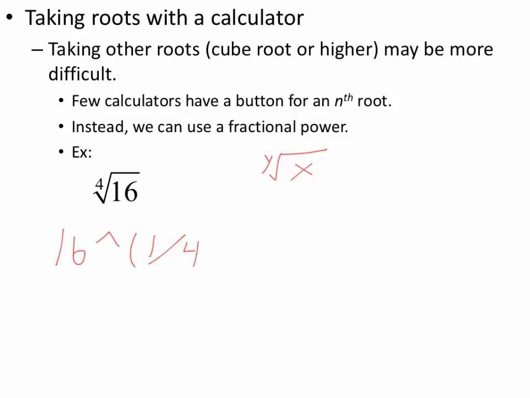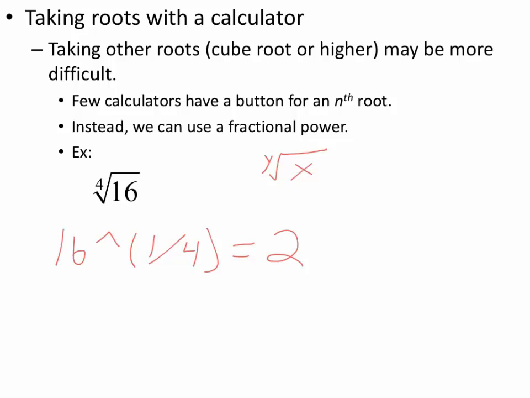So in this case it's going to be 1 over 4. Right? That is, so we're taking the inverse of whatever our root there is. Right? So a 4 becomes 1 over 4, a cube root would be 1 over 3, a fifth root would be 1 over 5. And so now 16 raised to the 1 over 4 gives us our fourth root, and in this case then our value is 2.